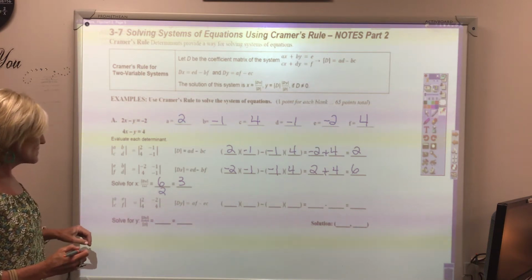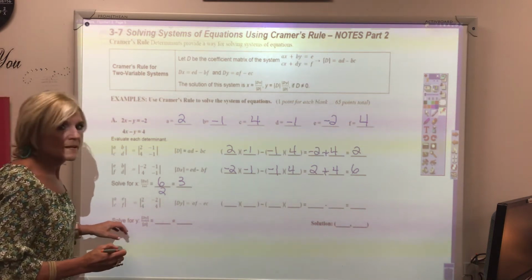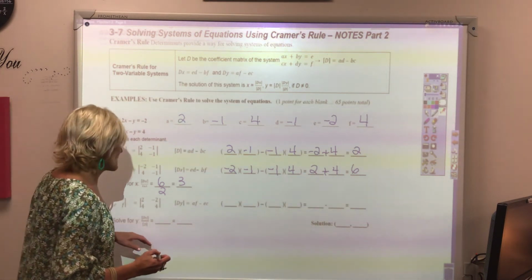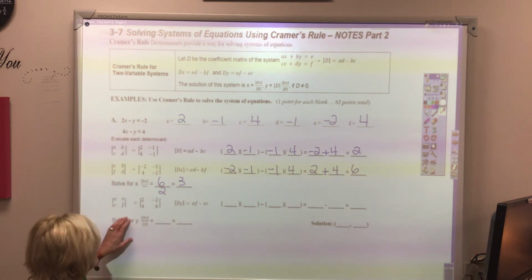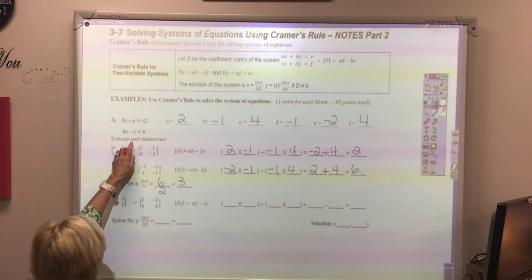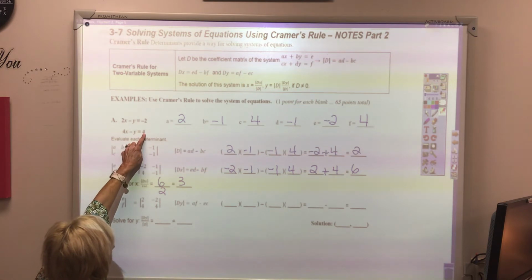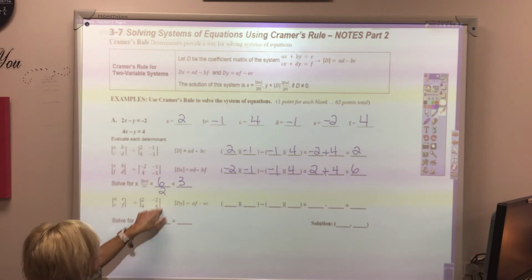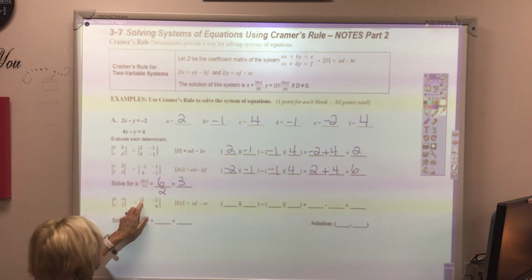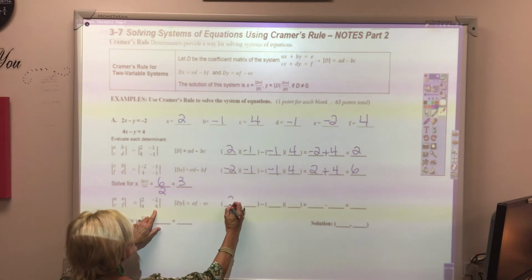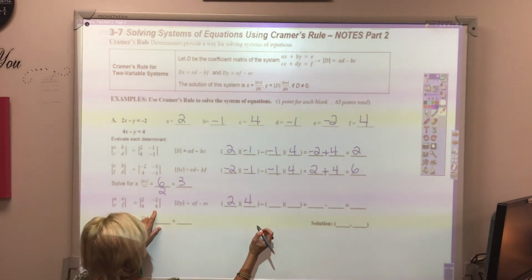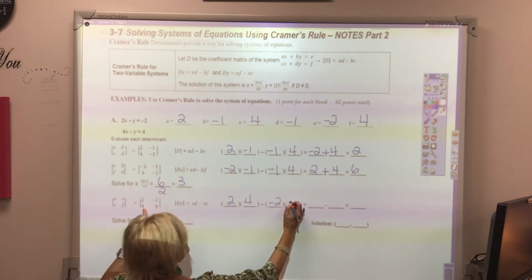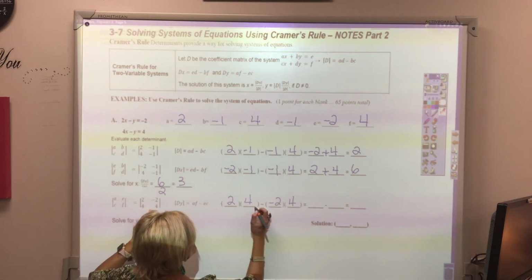Now, I'm going to get down on the ground, so you may not be able to see my whole body, and I'm sorry if you can't, but I'm going to fill in down here. When we're solving for y, we replace the negative 1, negative 1 with the negative 2 and 4. So we take 2 times 4 minus a negative 2 times 4. 2 times 4 would be 8.